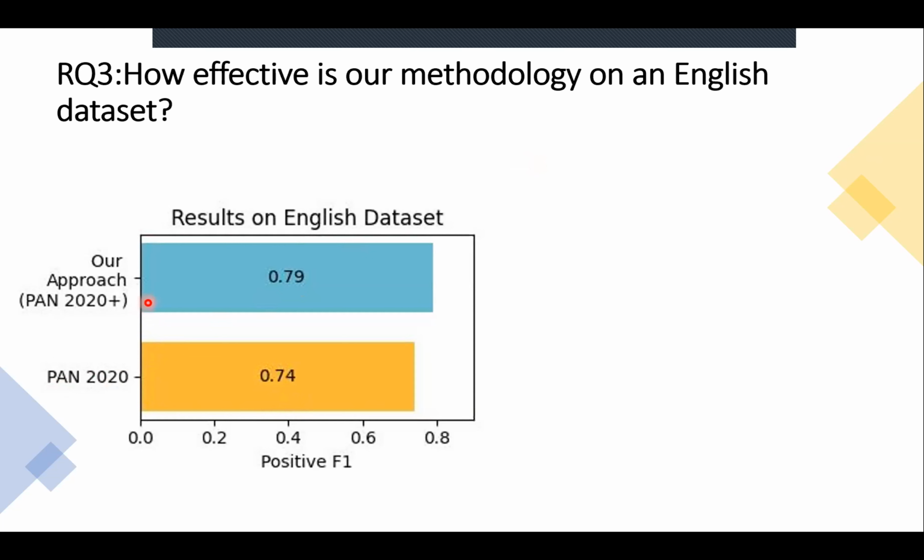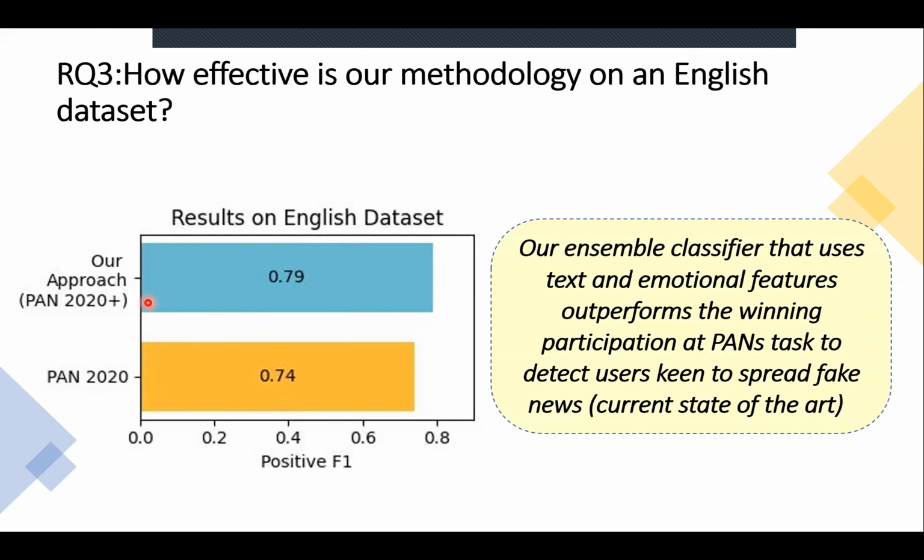But when we applied our method, which is an ensemble of 4 different machine learning models, the improved version I mentioned earlier, combining textual features with emotional signals, we do outperform the winning participation at PAN, which is the current state of the art. We want to note that we did tenfold cross-validation to apply a statistical significance test, and it was not statistically significant. But you can tell that, from the same data split, there is a slight improvement.